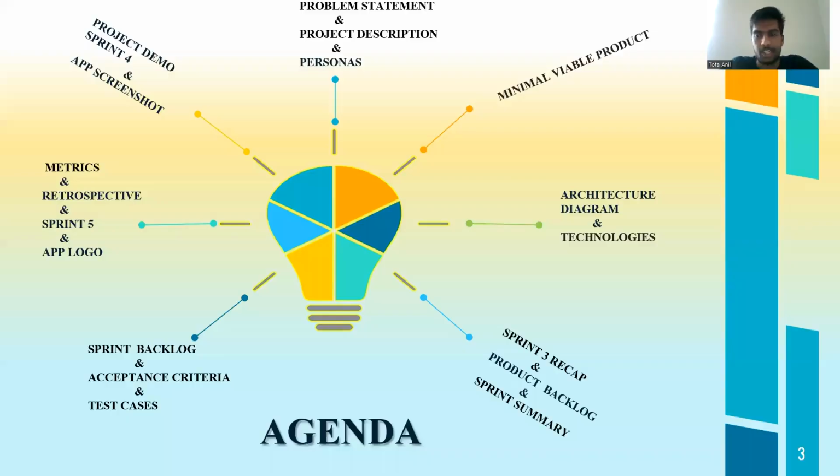Coming to the agenda, we have created everything in the checklist: project description, project statement, persona, MVP models, and architecture diagram, along with the technologies we used for the architecture diagram and to build the application. We also have the sprint recap and product backlog, sprint summary, sprint backlogs, acceptance criteria and test cases created for the sprint backlogs, metrics and test tools, sprint 5, and the app logo.